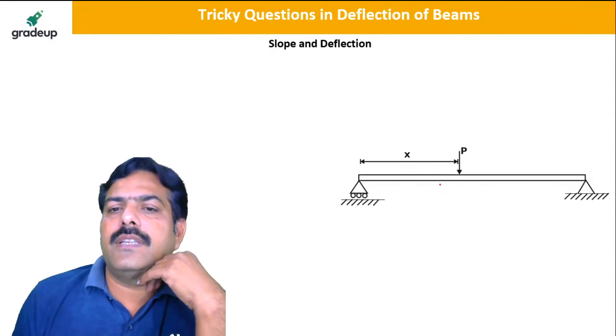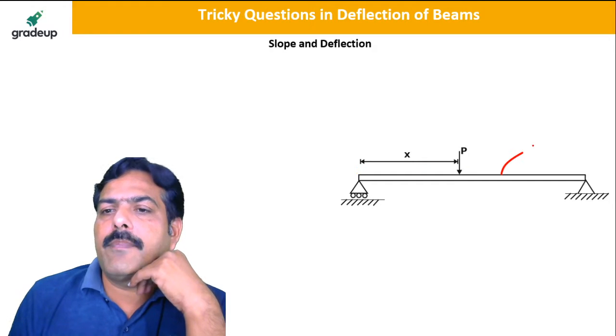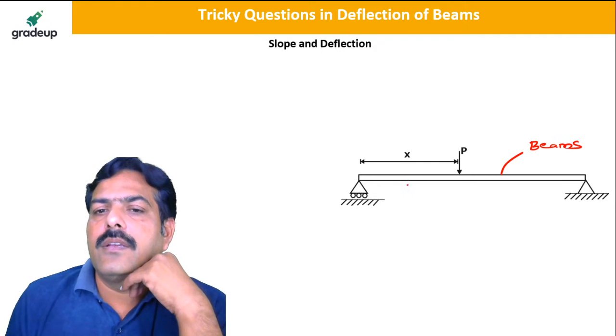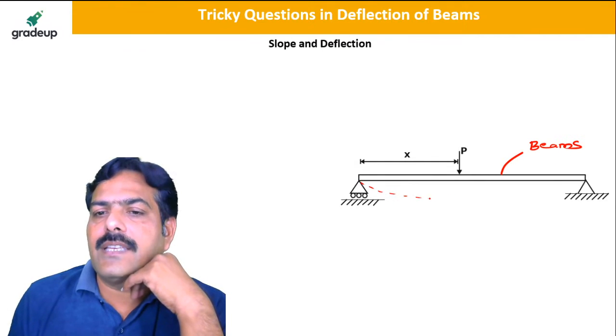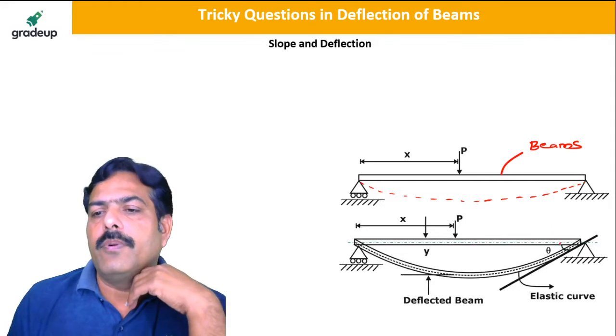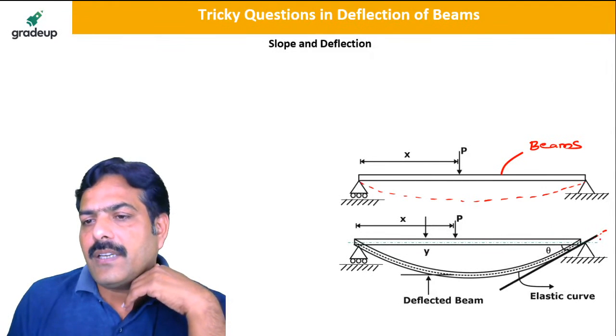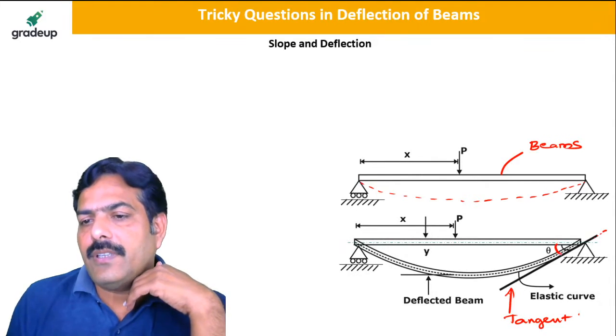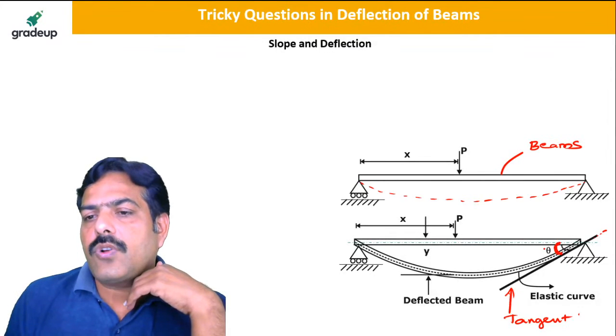For example, this is the beam, and it deflects because of the load P. If the deflection is like this, then the angle between the tangent to the deflected curve and the mean line is called slope. So if you draw a tangent to this deflected curve, this is called the tangent. Then the inclination of the tangent with the horizontal line of the beam is called slope. So theta is called the slope of the beam.